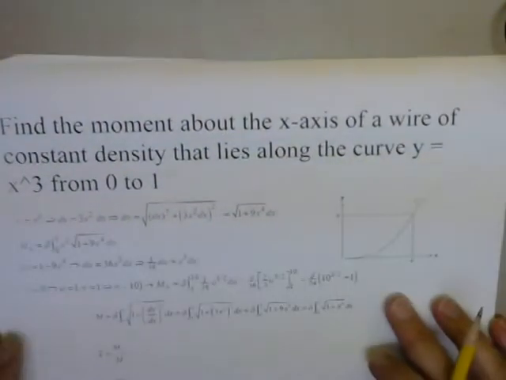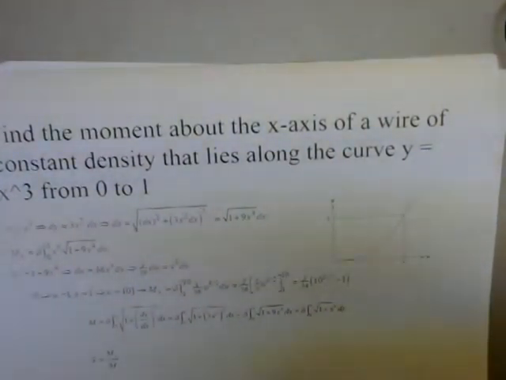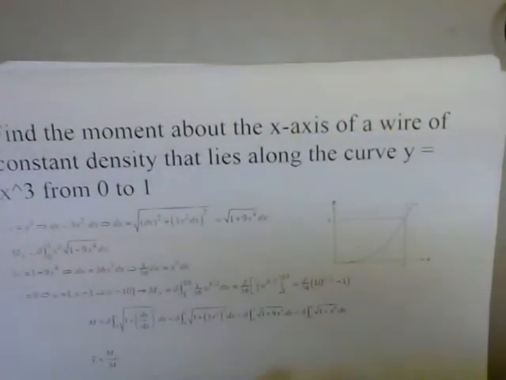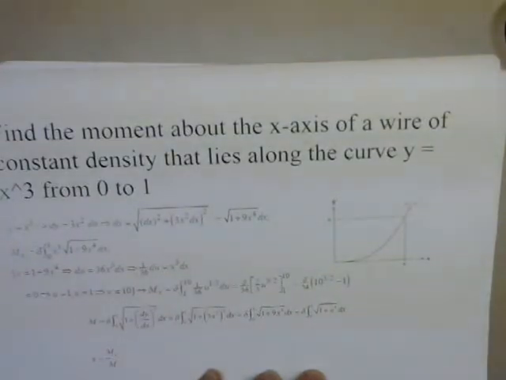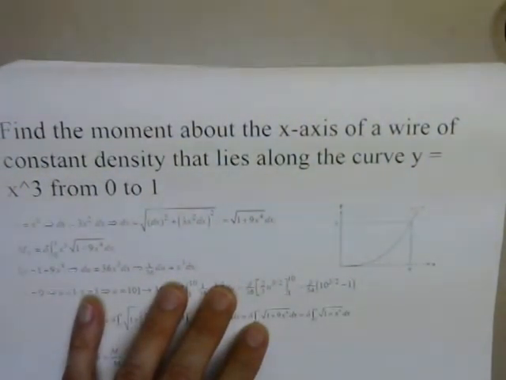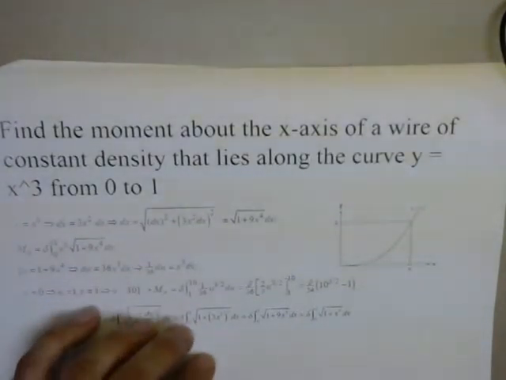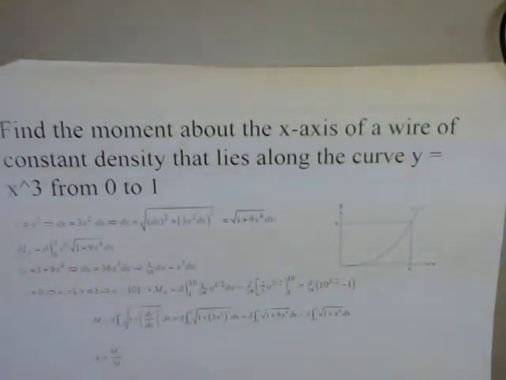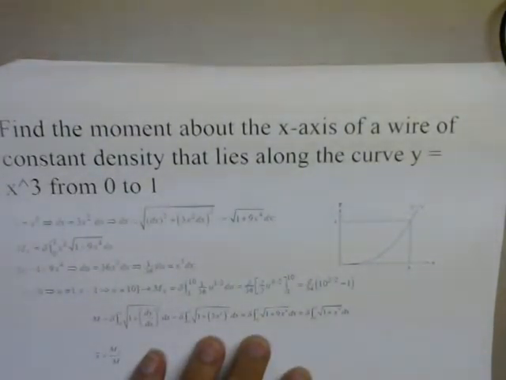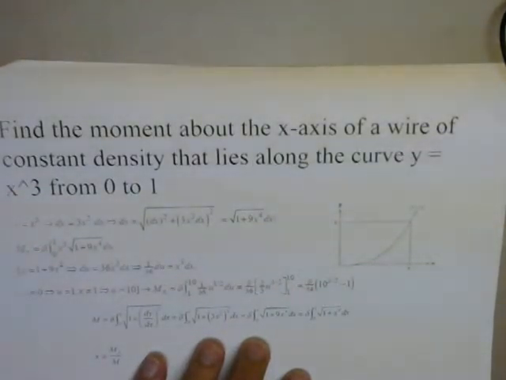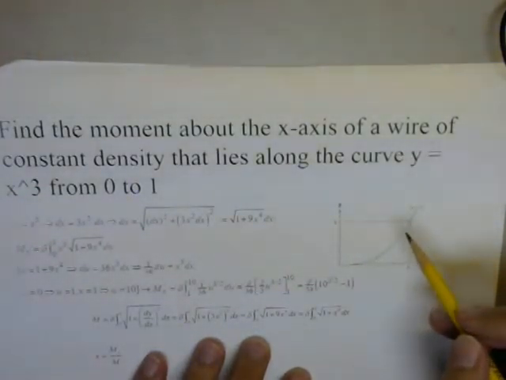Let's say you want to find the moment about the x-axis of a wire of constant density that lies along this curve, say from 0 to 1, the curve y is equal to x cubed. In this particular case, you've got the curve here.